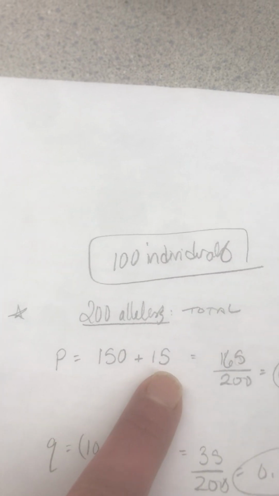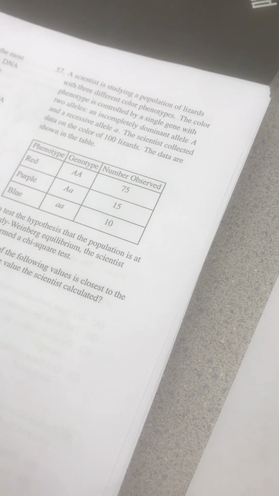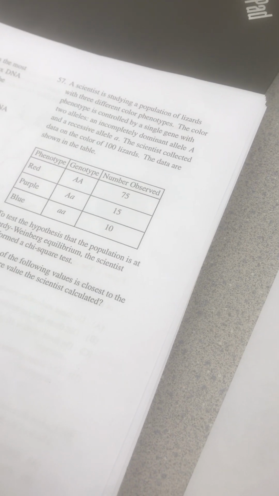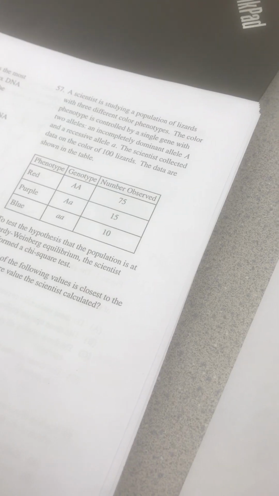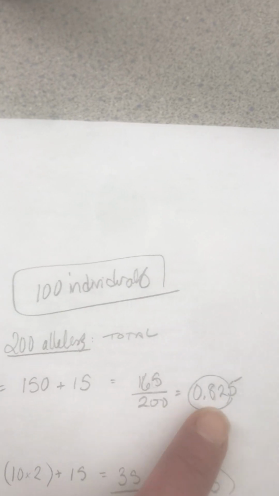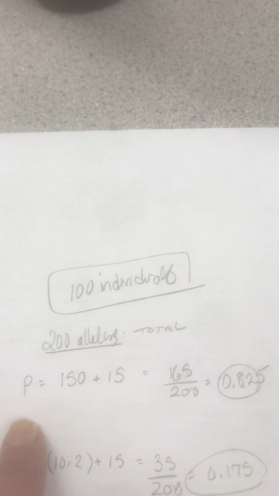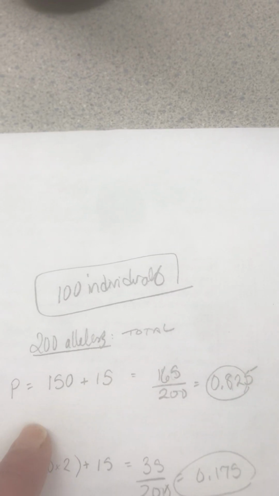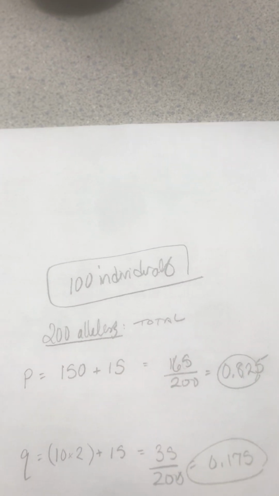Then we have some that are heterozygous, and we can just add the 15, because those each carry one dominant allele. So 75 times 2 plus 15 gets us 165 out of 200 total alleles, which gets us 0.825. That is our p, the frequency of our dominant allele, because we're accounting for where all of those p's are in the population.